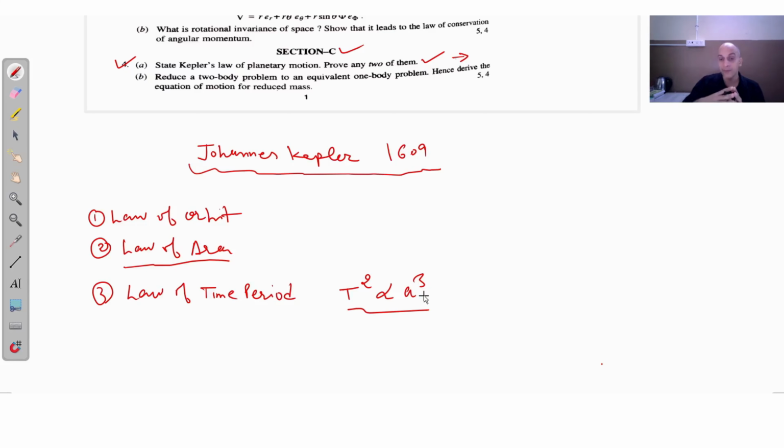According to the third law of Kepler, the square of the time period of the planet around the sun is directly proportional to the cube of the semi-major axis of the elliptical path of the planet. So these are the statements of these three laws, right?